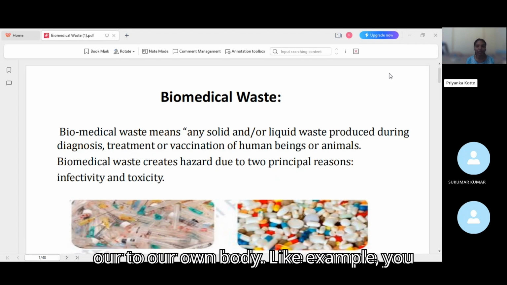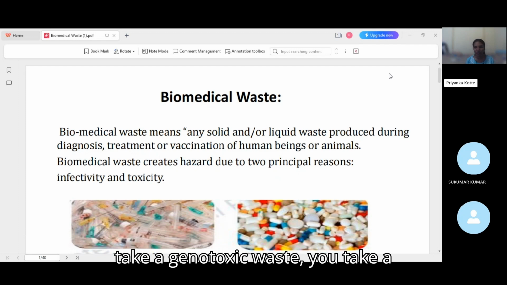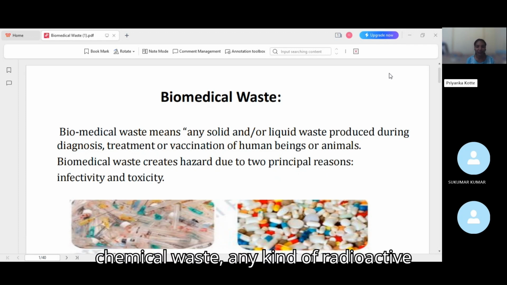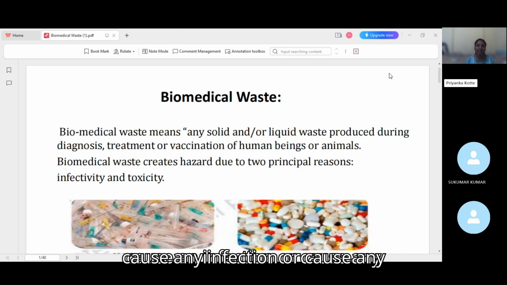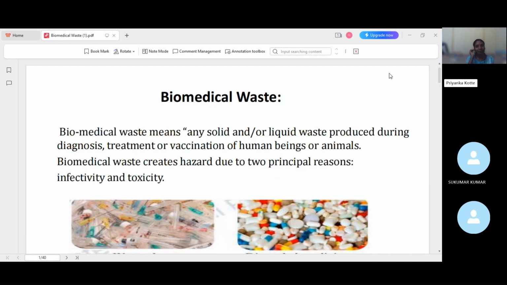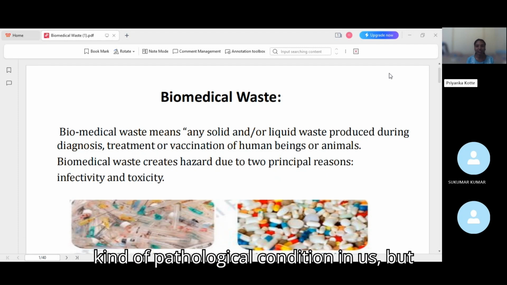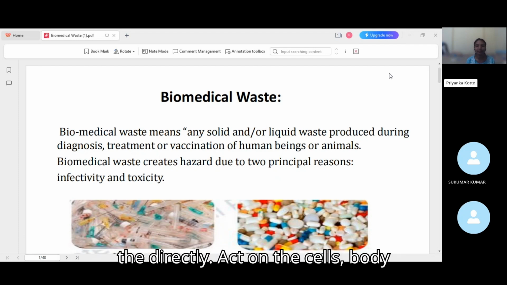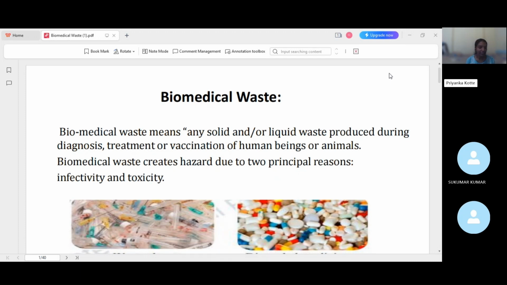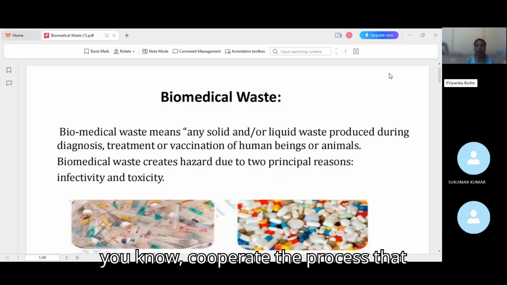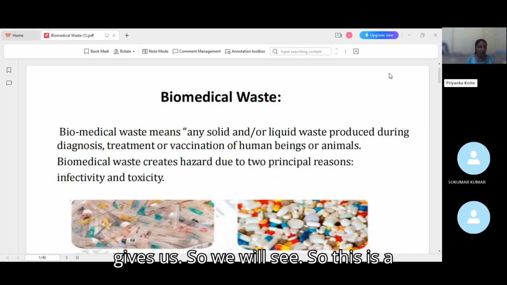For example, genotoxic waste, chemical waste, any kind of radioactive or chemical waste. That itself doesn't cause infection or any pathological condition in us, but it acts directly on the body cells and causes a reaction which our body cannot cope with.